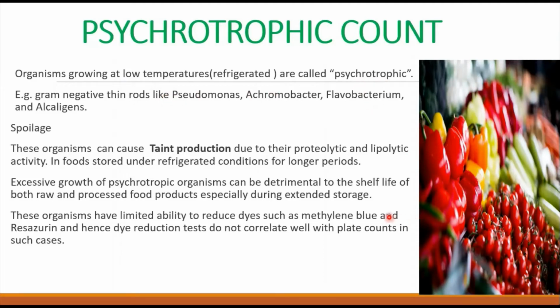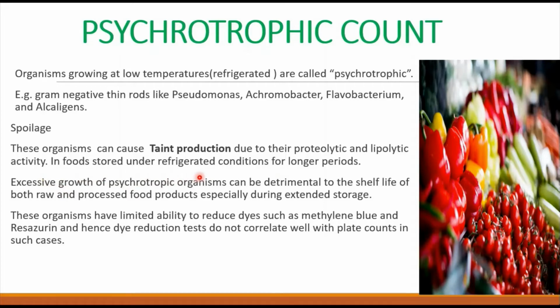The best examples are mainly gram-negative thin rods, that is bacilli, like Pseudomonas, Achromobacter, Flavobacterium, and Alcaligenes. These organisms cause taint production, that is off taste and off odor, due to their proteolytic as well as lipolytic activity in the food.